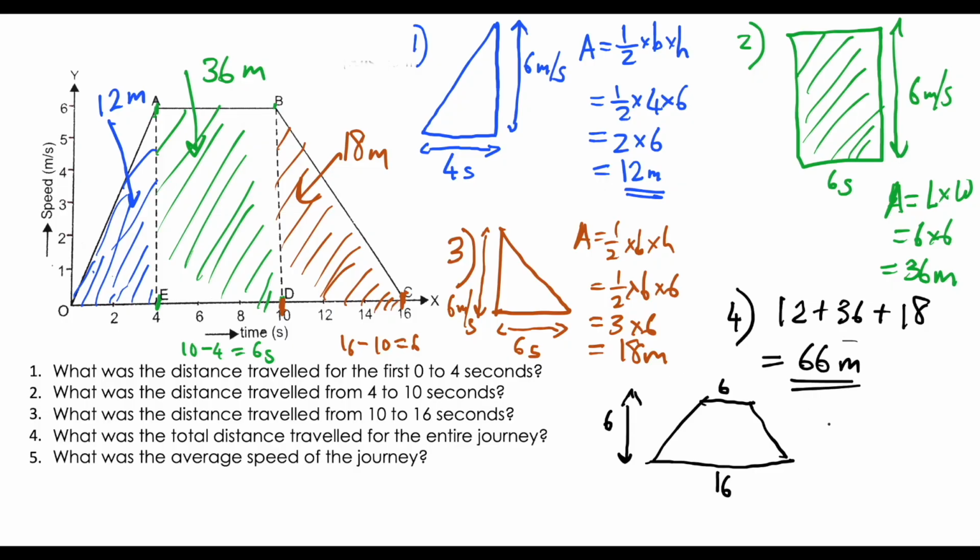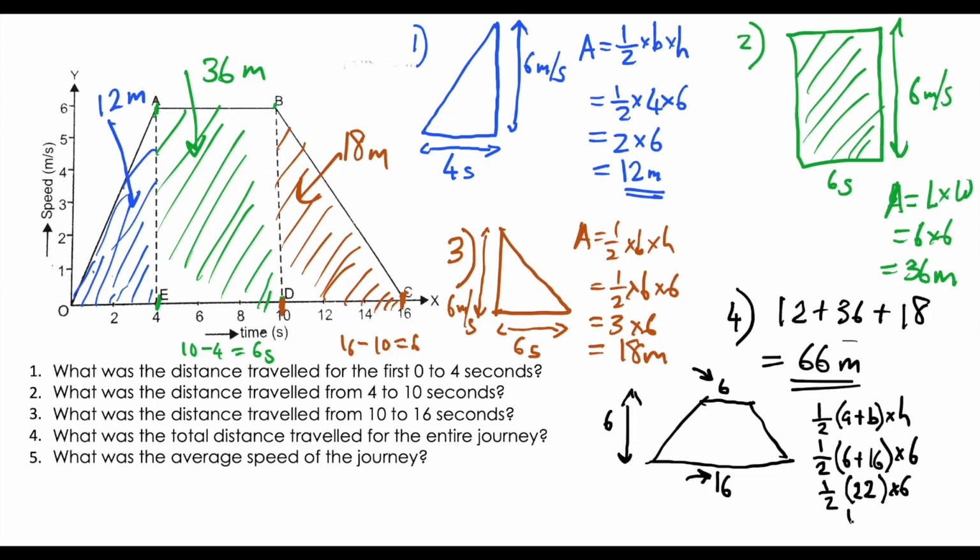The formula for a trapezium is half times a plus b times height. What does a plus b represent? The parallel sides of the trapezium, so in this case 6 and 16. And h represents the perpendicular height. So we have half of 6 plus 16, multiplied by 6. 6 plus 16 is 22.